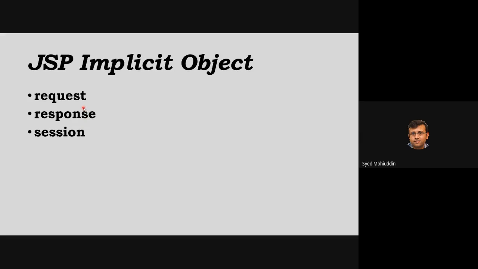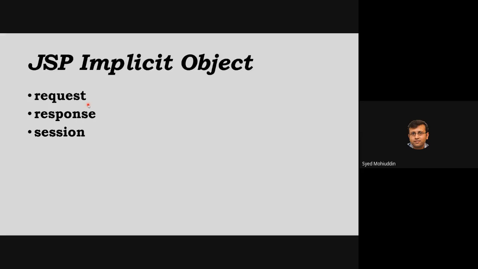So here you will not be having HttpServletRequest, HttpServletResponse classes or interfaces, or HttpSession interfaces, so that you can create these objects. You will not be having these classes here. Instead of that, JSP by itself provides implicit objects.